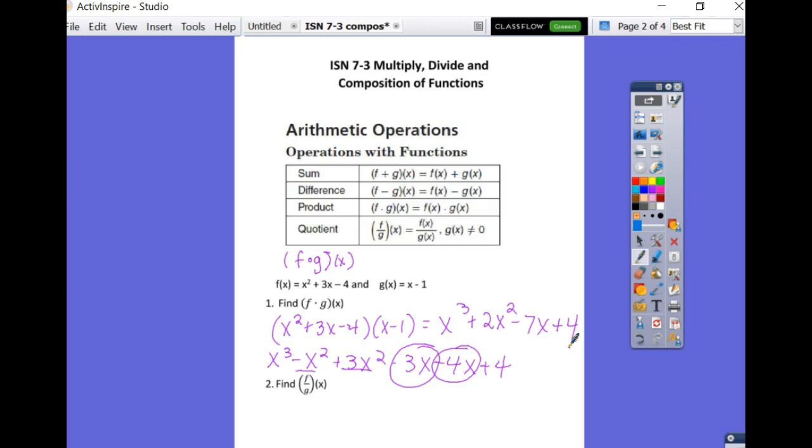So what do you think I'm doing on the bottom one? I'm going to divide. So I'm going to take f divided by g. So I'm going to get x squared plus 3x minus 4 over x minus 1. So does the top one factor?